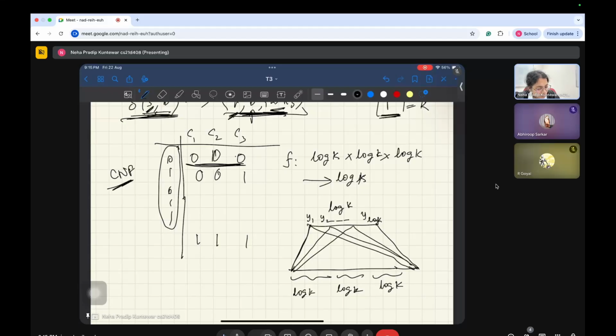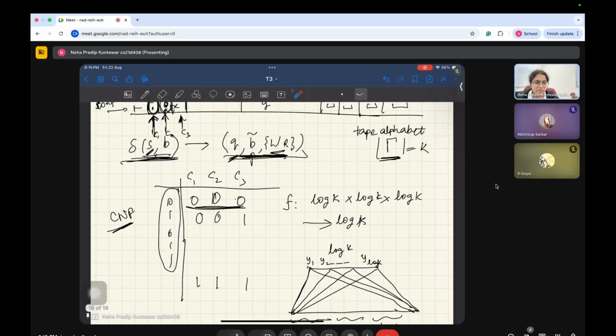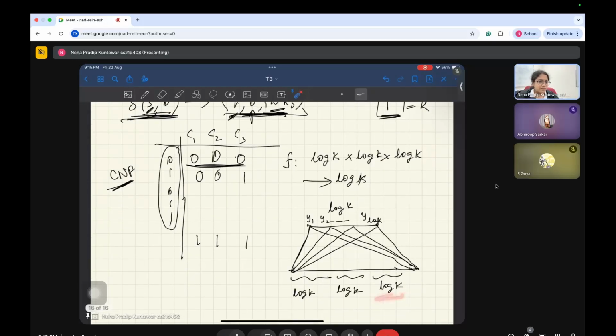You can think of those as log k many single output functions, and each of them can be represented by a CNF, by the same idea. So you can still do it, but we just need to take slightly more care, but the factor is only log k here.